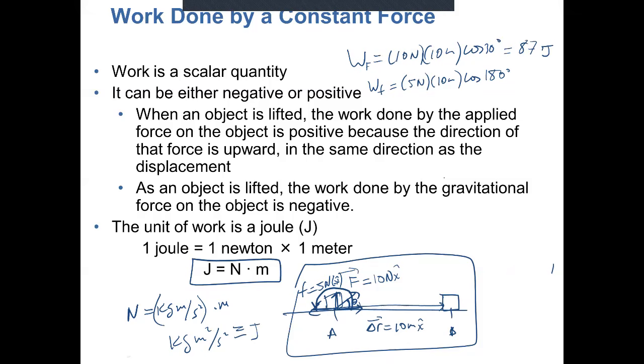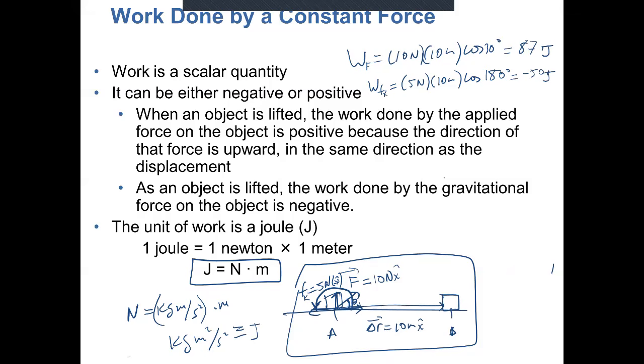That's a kinetic friction, so what I have here is cosine of 180, which, if you remember, is -1. So 5 times 10 times -1 gives you -50 joules.